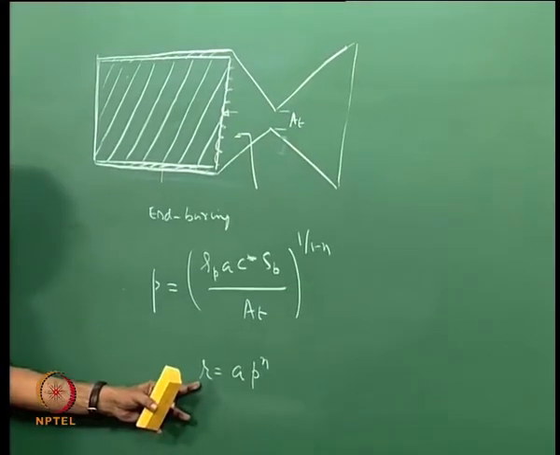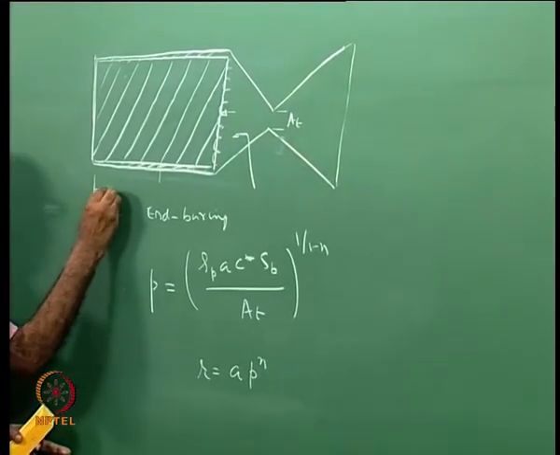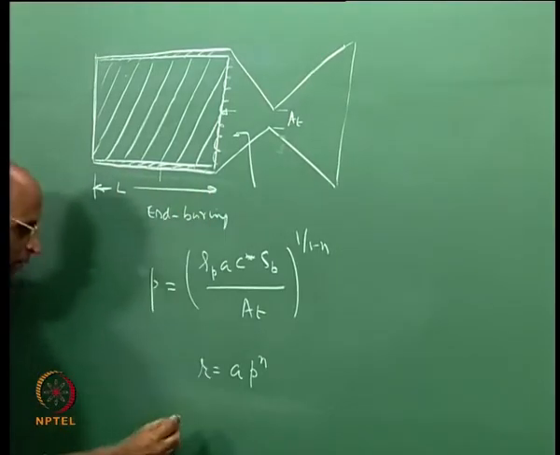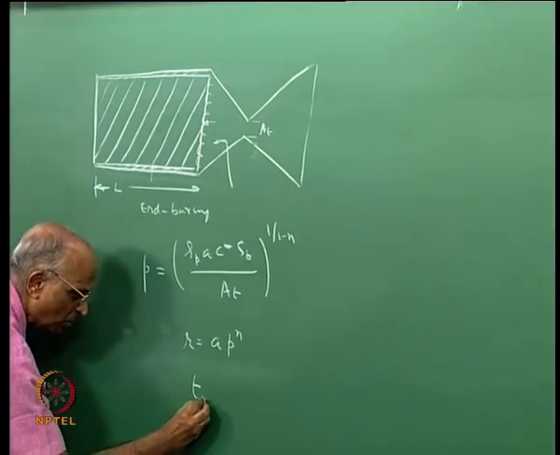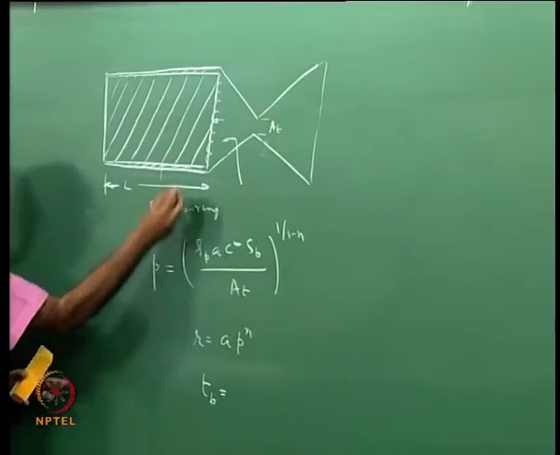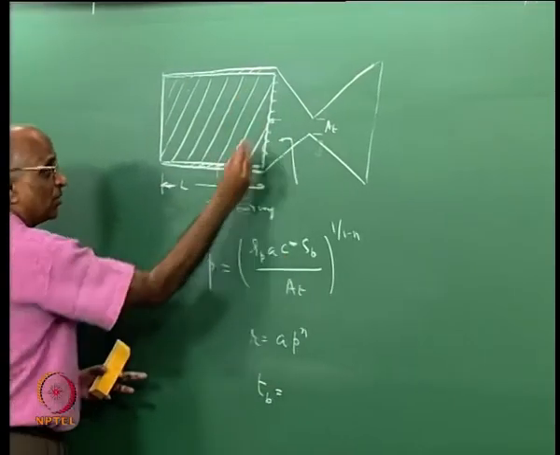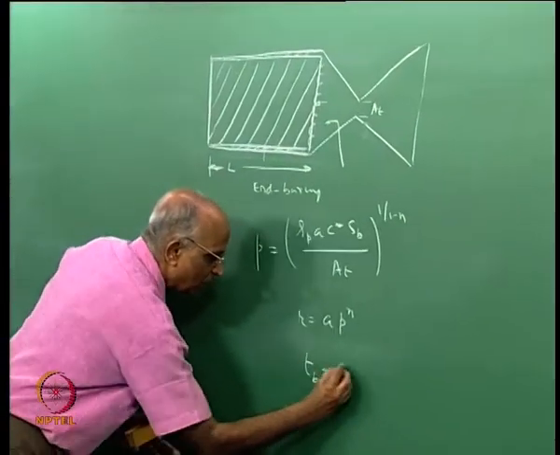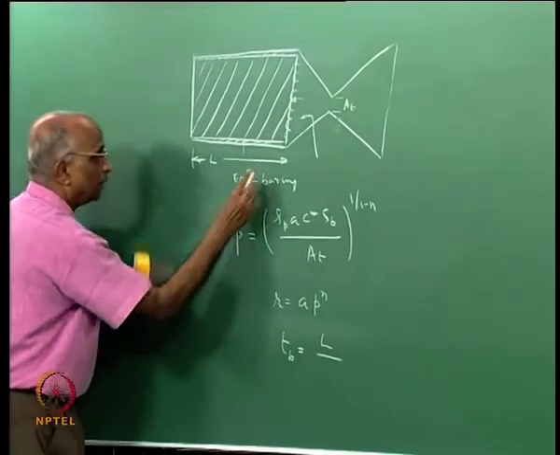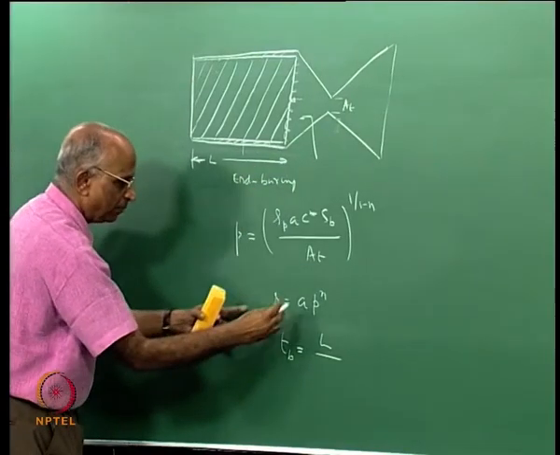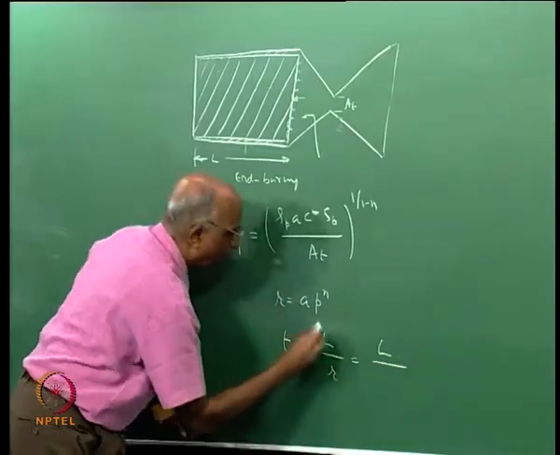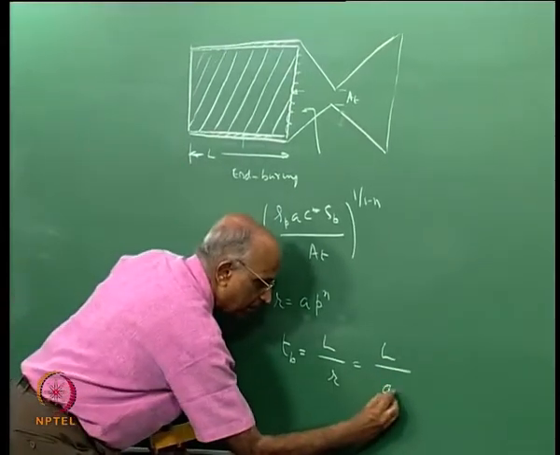I know the burn rate, and therefore, if the solid propellant end burning grain has a length L, the time over which the motor burns, since S b is a constant and P is a constant, is T b equal to the length of the grain divided by the burn rate R, which is equal to L divided by a p to the power n.